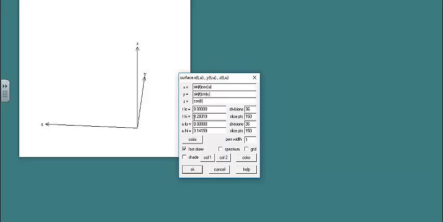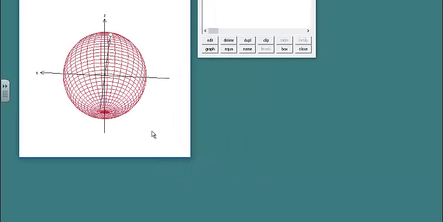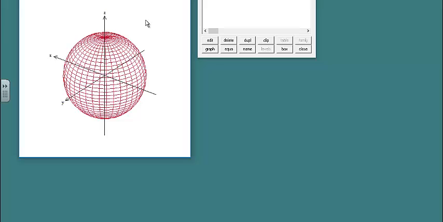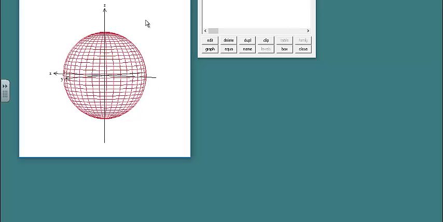We want to go from u equals 0 to 2 pi, 6.28318, and t goes from 0 to pi, 3.14159. So that's the equation for a sphere in this parametric format.